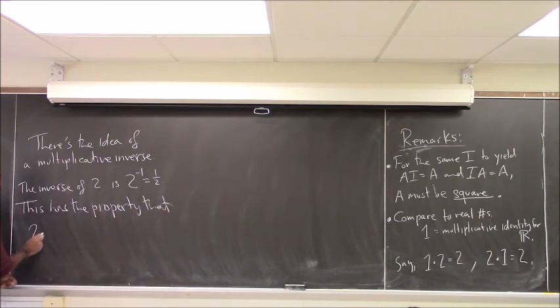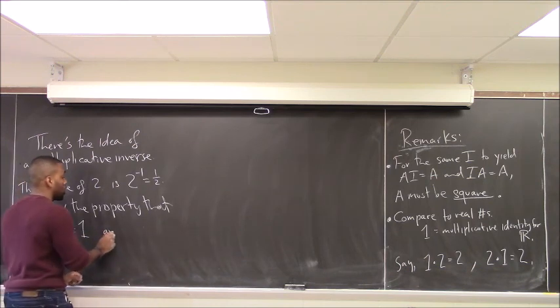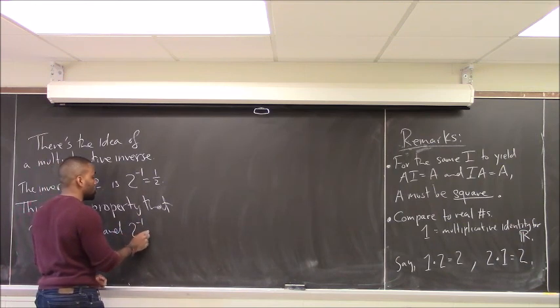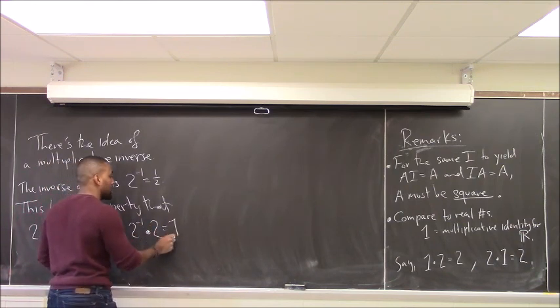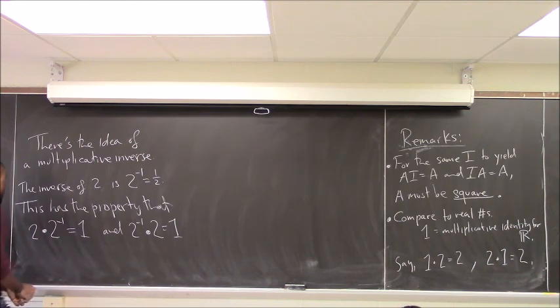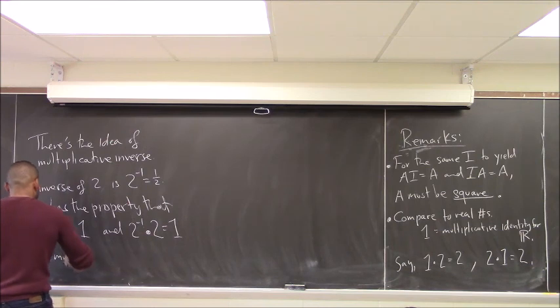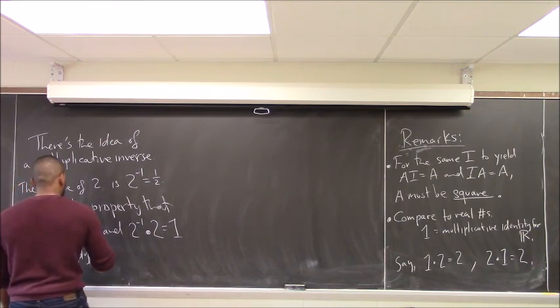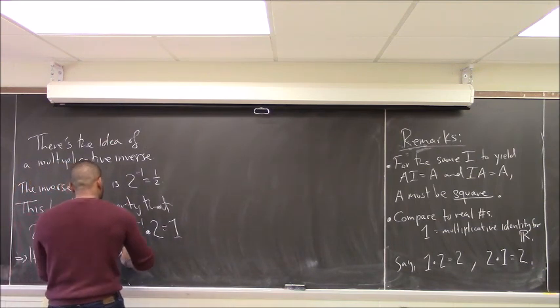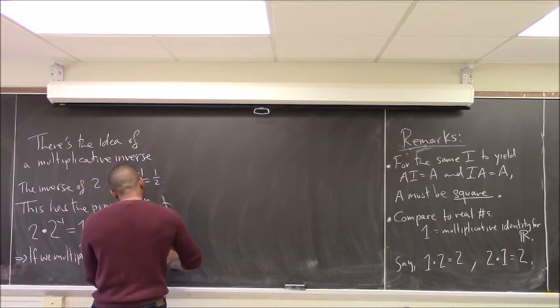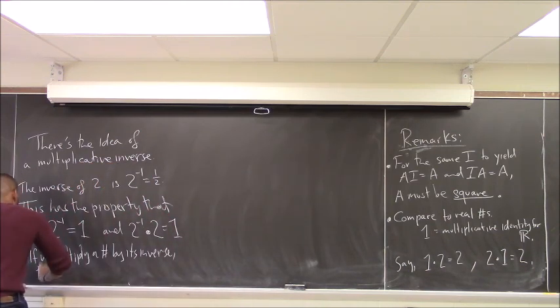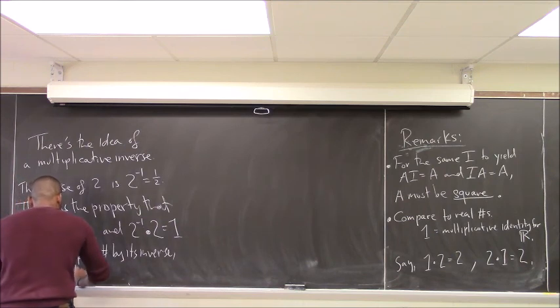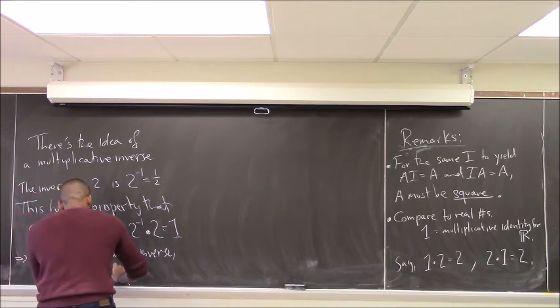If I take 2 and multiply by its inverse, what do I obtain? 1. This also works in the opposite order. If I take the inverse of 2 and multiply by 2, the answer is again 1, right? So the idea is, if we multiply a number by its inverse, the result is the identity.